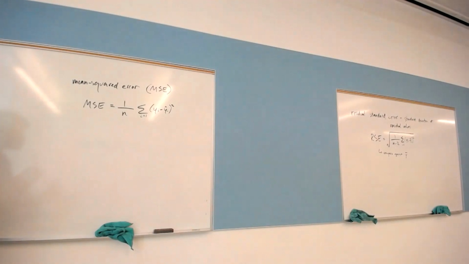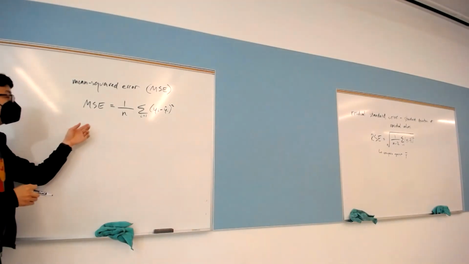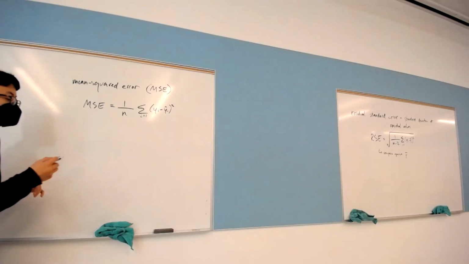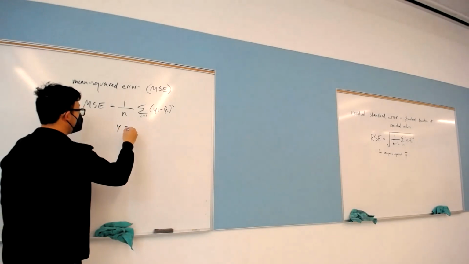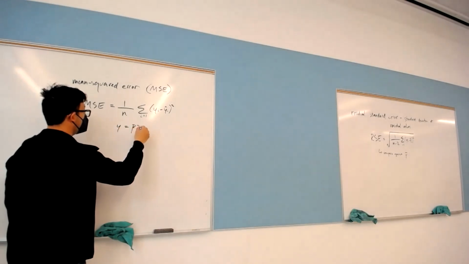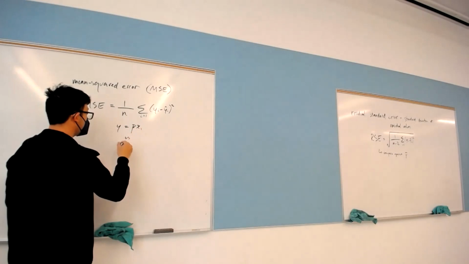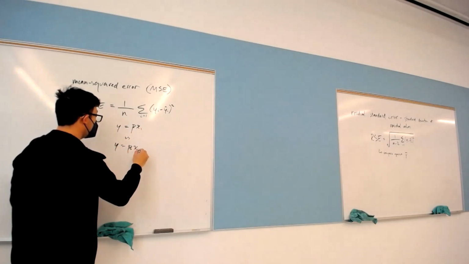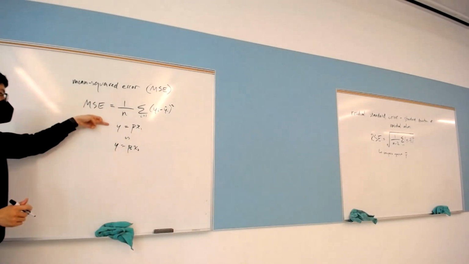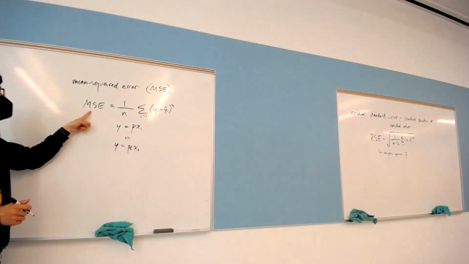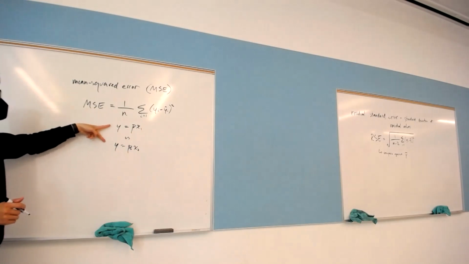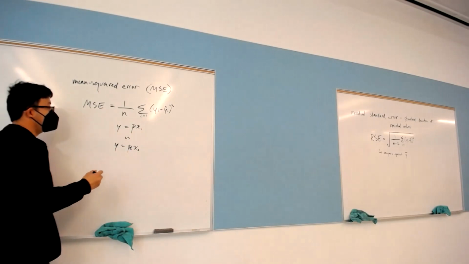It is useful, however, to look at models that are compared against the same thing. So let me give an example. If you have y equals beta x1 versus the same y equals beta x2, because your outcome variable is the same, when you compare the MSE, that is something that you can directly compare.